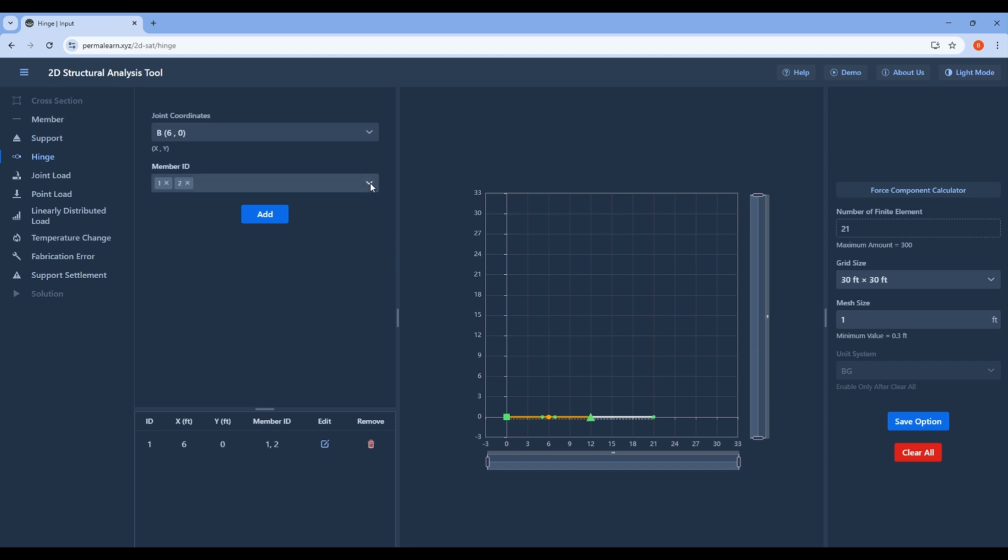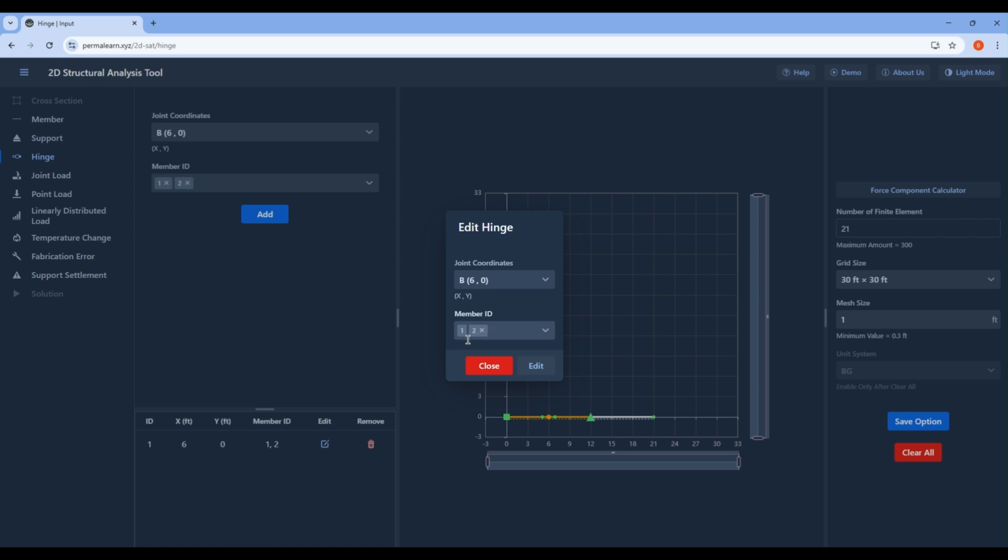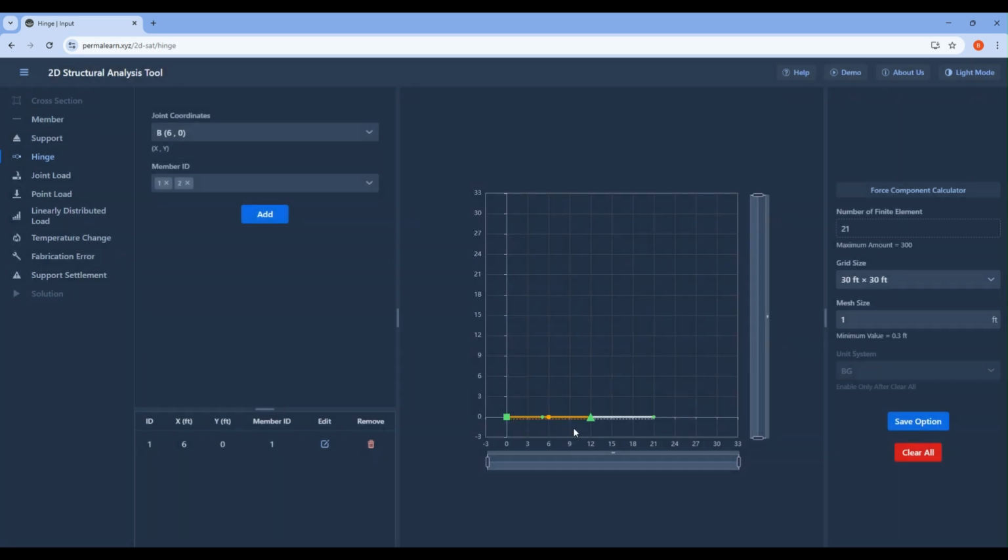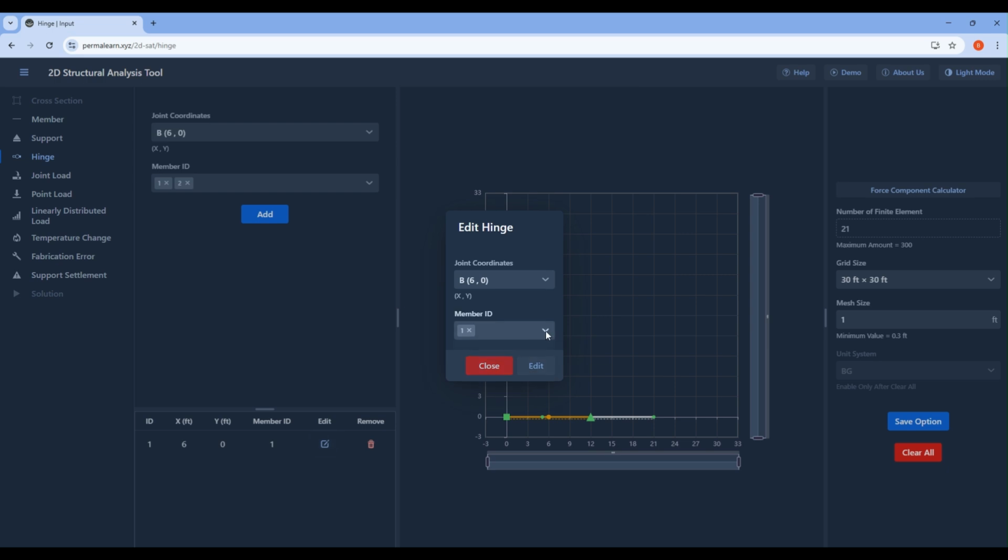And if you want your hinge connected to only one member, for example, I need to click edit and then I remove one member out, for example I remove member 2, which is this member, and then I click edit. It will remove the connection between this hinge and this member. But it will be wrong for this type of problem, but it will be right for some other type of problem.